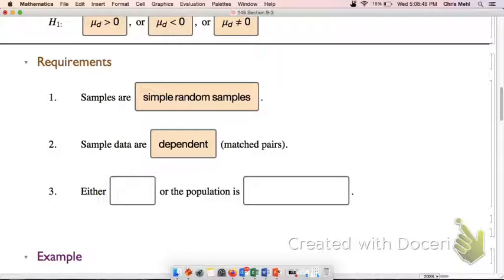There is a natural way to pair the two samples together. This allows you to take differences, subtracting one of the values in the pair from the other. And just like in the central limit theorem from section 6.4, either the sample size has to be greater than 30 or the population is normally distributed.